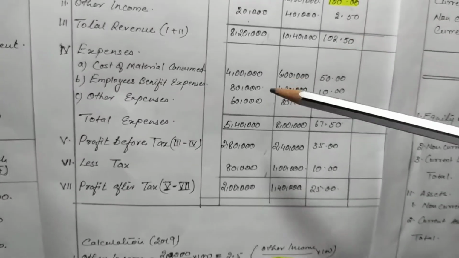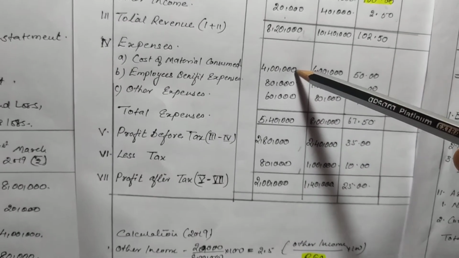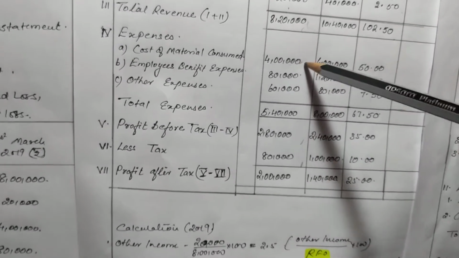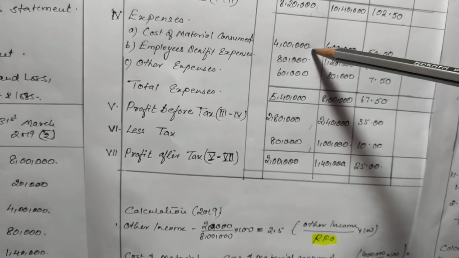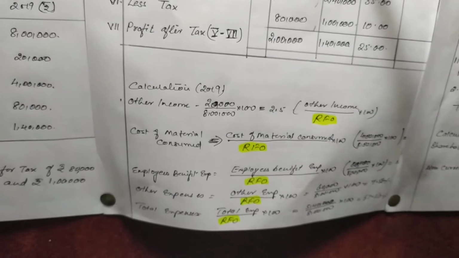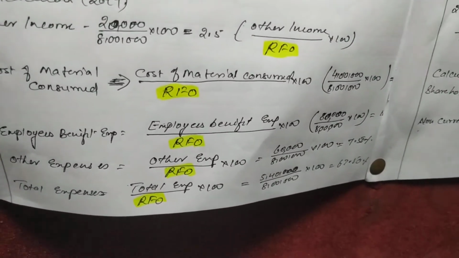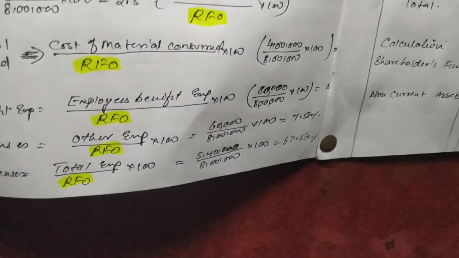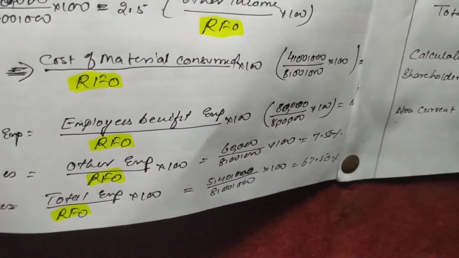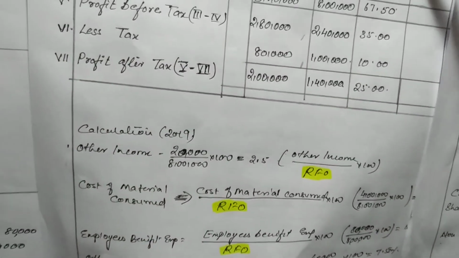Then next we have to calculate the percentage for the cost of material consumed. That is cost of material consumed divided by revenue from operation into 100. That is 4 lakh by 8 lakh into 100, and you get 50%.